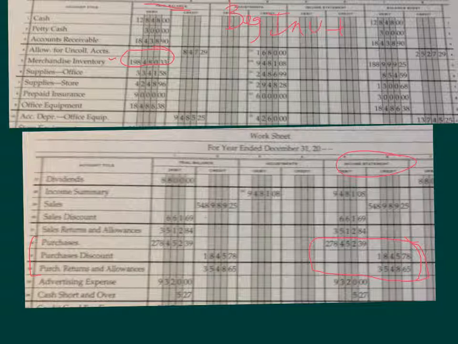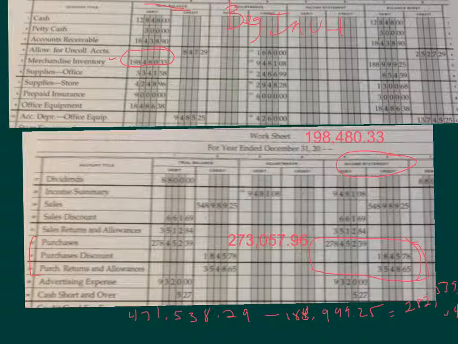Go ahead and take a minute to determine that total. So your net purchases should have been $273,057.96.